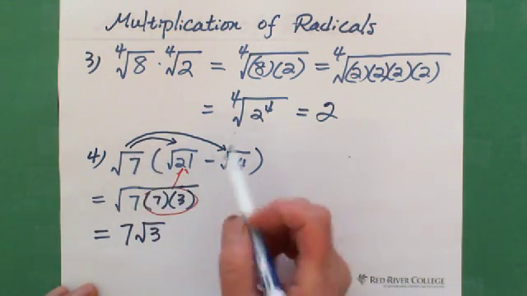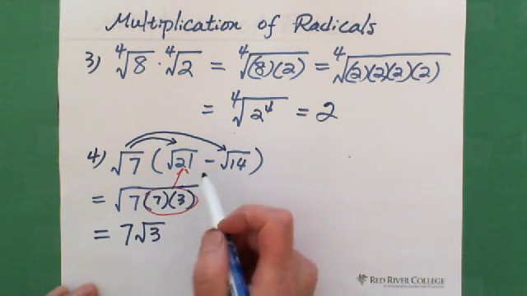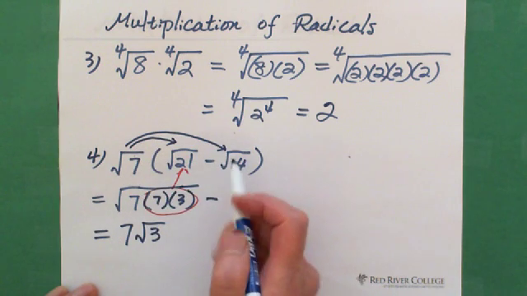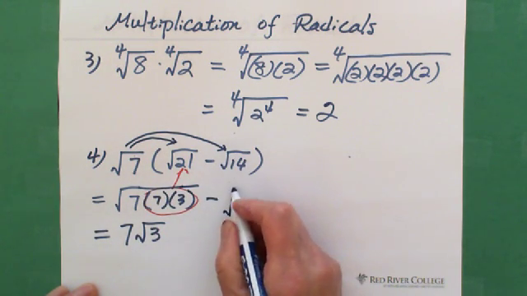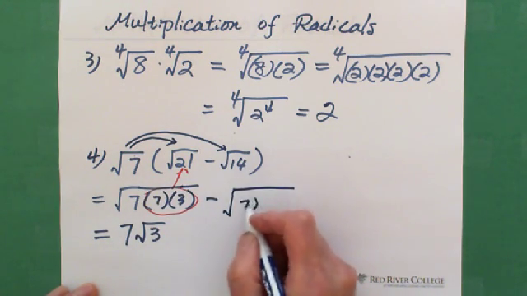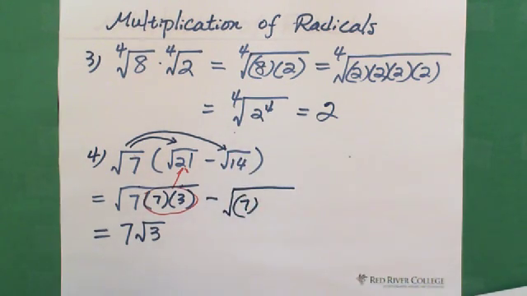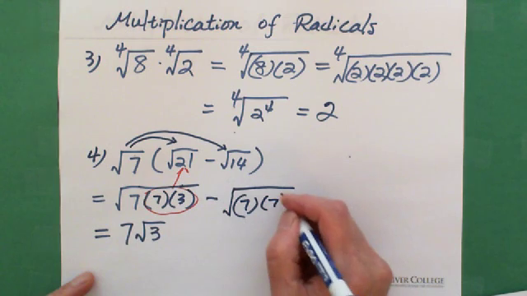And we multiply the next, be careful with the sign. This is negative, this is positive, so you got the negative. Share the same radical, 7 and 14, we can write 7 multiply 2.